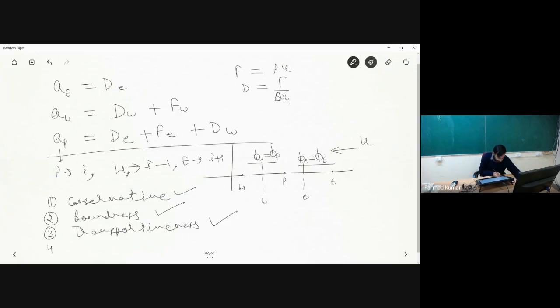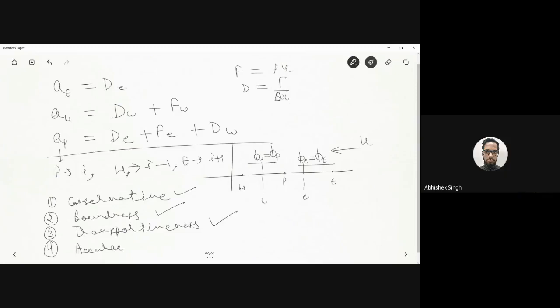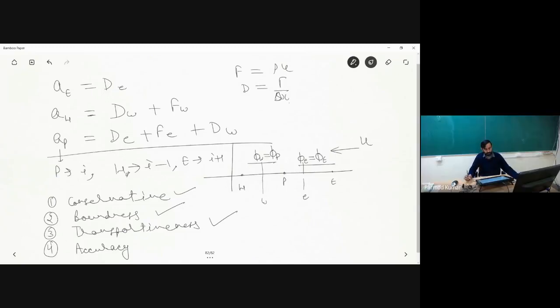Okay. Now, fourth point is about order of accuracy. For boundedness, why didn't we check the ratio condition? Yeah. So ratio, if we are considering that ratio, it will be satisfied. If you see your AP term is dominant.